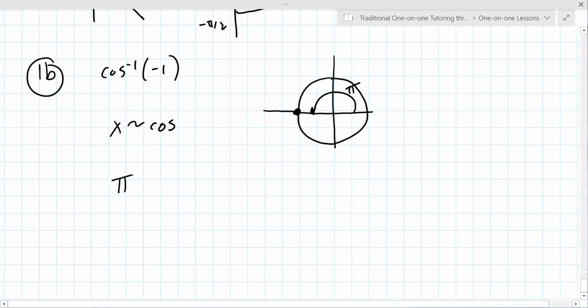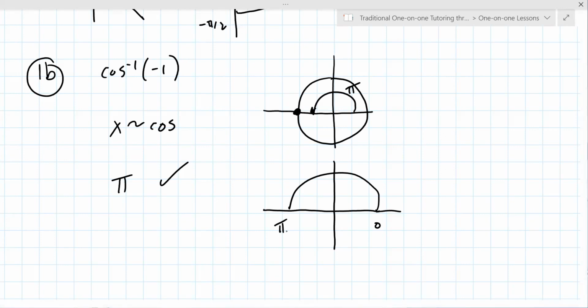So the answer is pi. Now cosine inverse is nice. It's defined from 0 to pi. So you're doing two things: figuring out what it could possibly be, and then which ones it is okay with. And so the answer is pi.